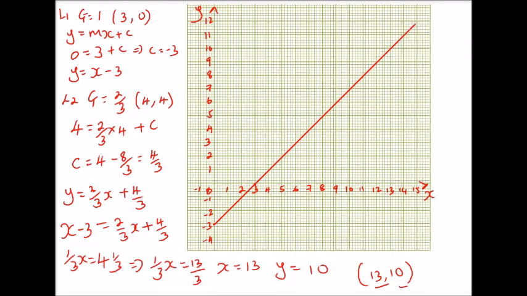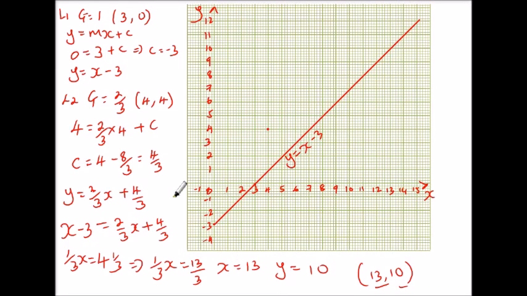Since we have an idea of where the two lines cut each other, we are comfortable with that. This is the line y equals x minus 3. Then we have the other line, which passes through (4, 4), and it cuts the y-axis at 4 and a third.